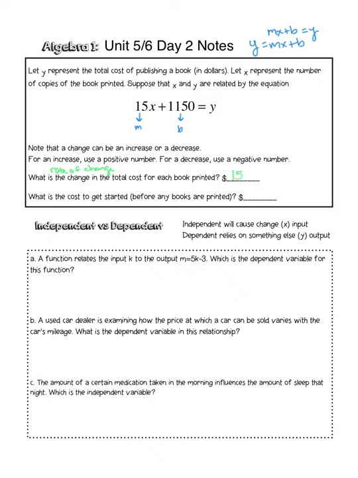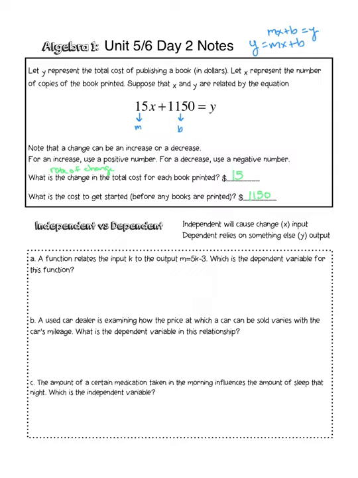Now, what is the cost to get started before any books are printed? That would be the Y-intercept, which is the B value, $1,150. It costs $1,150 to get all the machinery and buy all the paper before a book is printed. So if we were to graph it, that point would be 0, 1150.